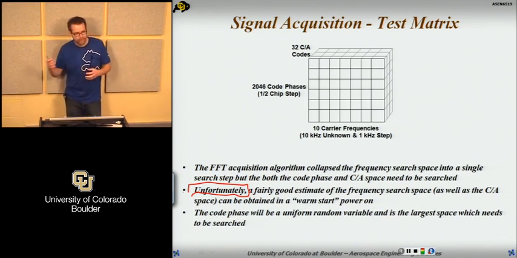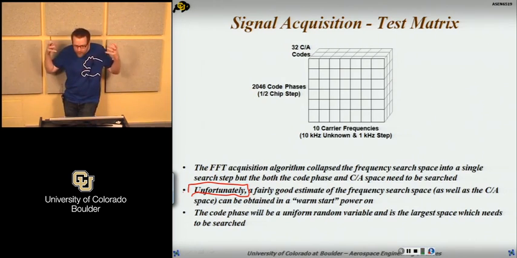If I put it a little bit into context, let's say we have the almanac, we have some idea where the satellites are at. Then we can predict what the Doppler is going to be, so we don't have to search the carrier frequency that wide. This makes the problem better.